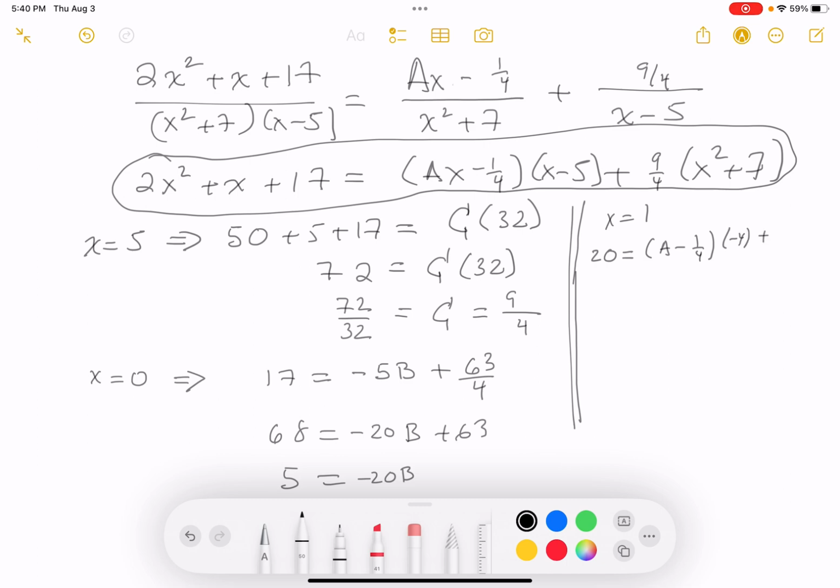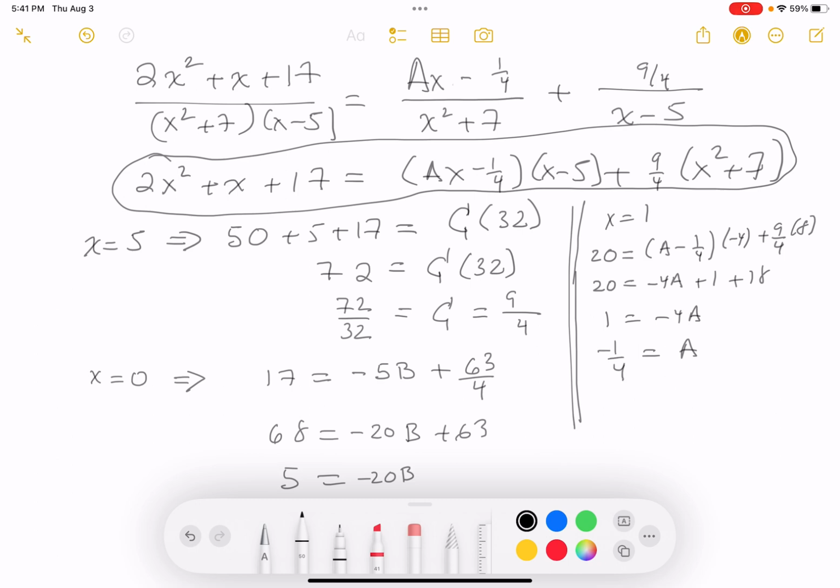Then I'm going to get 9/4 times 8. Well, things don't look so bad. Let's put this down. You get minus 4a plus 1, and then you get 18. Well, let's see, 1 and 18 is 19. Take that from 20, you're going to get 1 equals minus 4a.